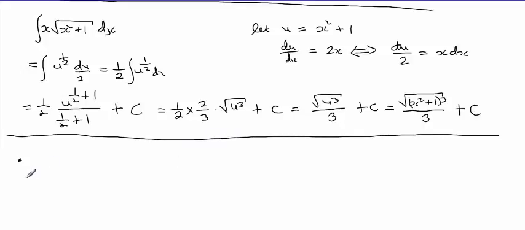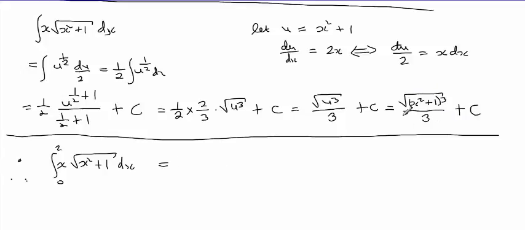Then come here and say, therefore, the integral of x times square root of x squared plus 1 dx from 0 to 2 will be equal to, I'll simply copy this expression, because c in the definite integral will be redundant.